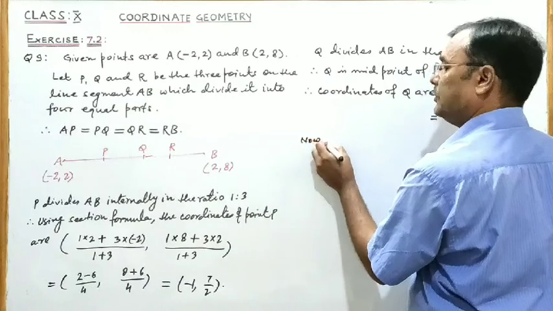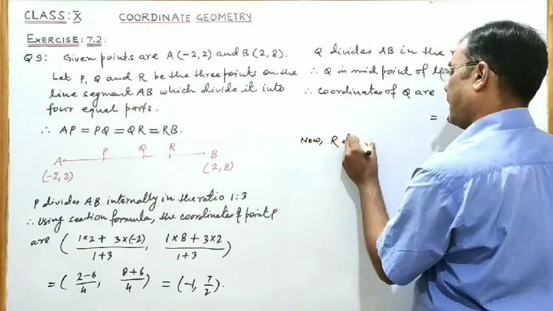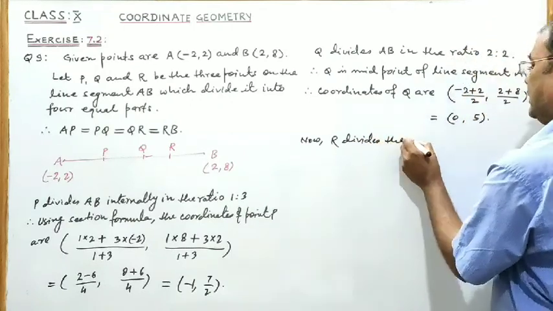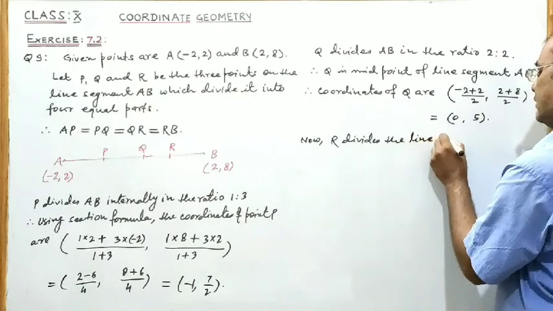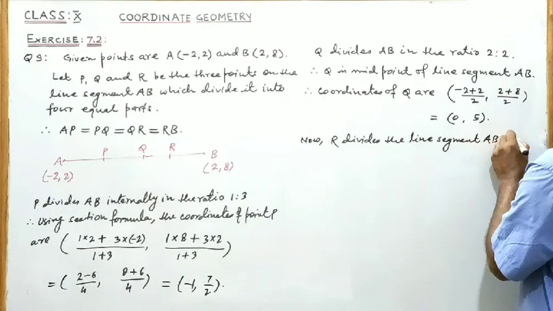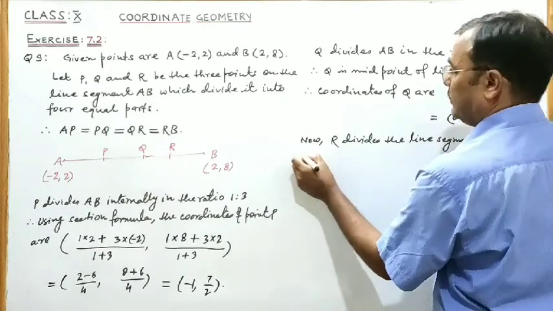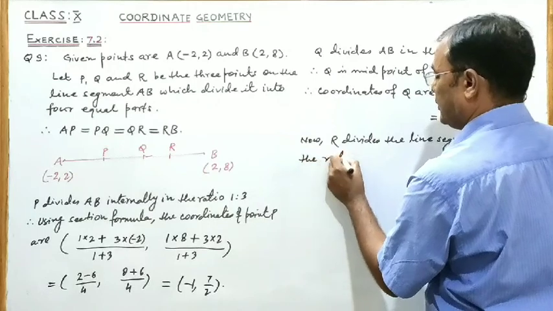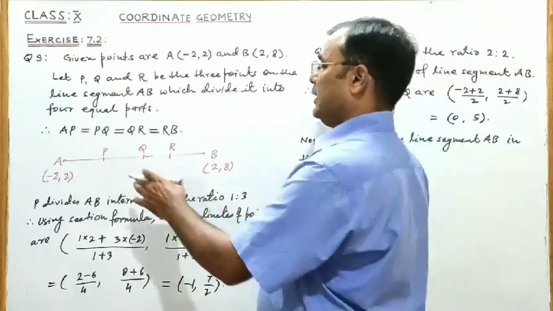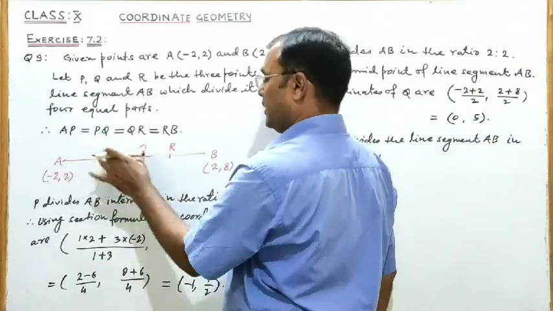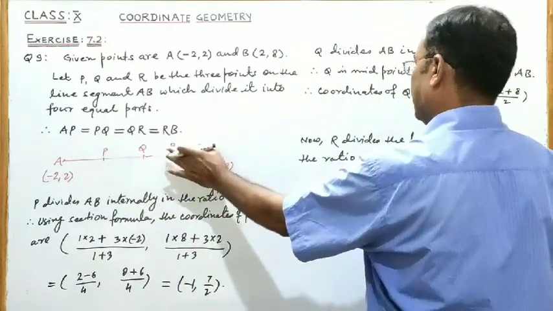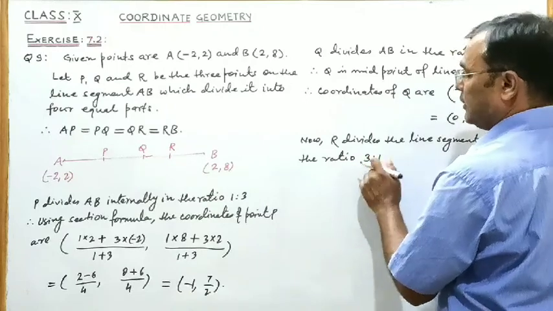Now point R divides the line segment AB in the ratio 3:1, because AR is 3 parts and RB is 1 part. So point R divides AB in the ratio 3:1.